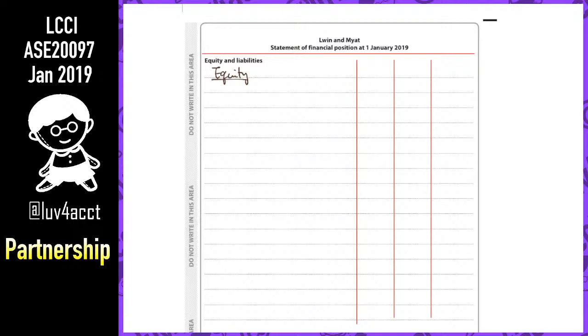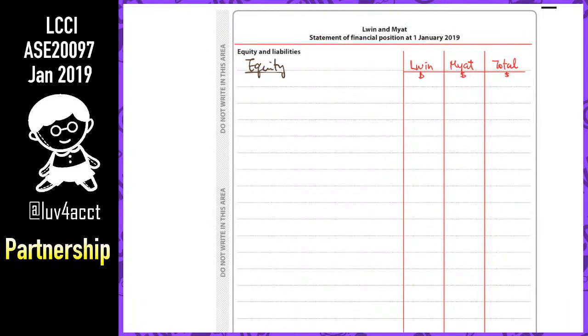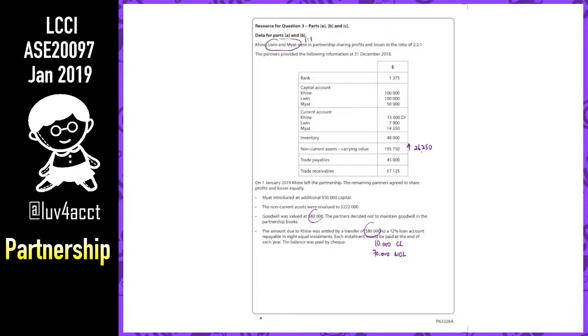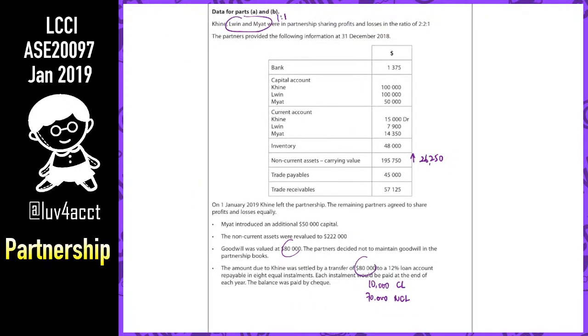So it would be Lv and Matt, and then total. So we have the capital and the current account. We'll have to do some calculation first.